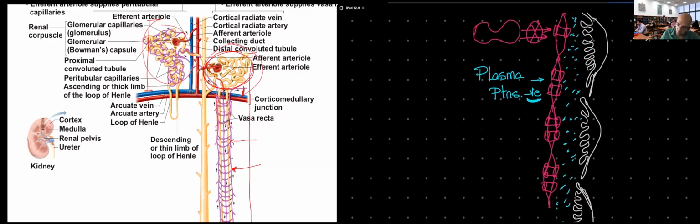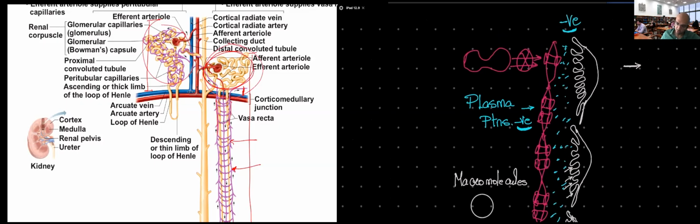Third thing that won't be able to get filtered were the macromolecules. Remember, macromolecules are large structures. They won't be able to travel because they are larger than the filtration slits between the feet of the podocytes. So three main things that won't get filtered.